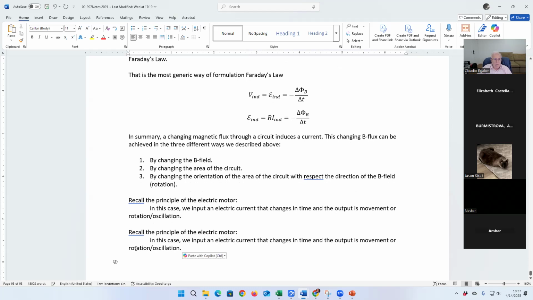In the case of a generator, we have the very opposite principle. We input motion to a circuit, right? And this circuit outputs an oscillating, variable current.